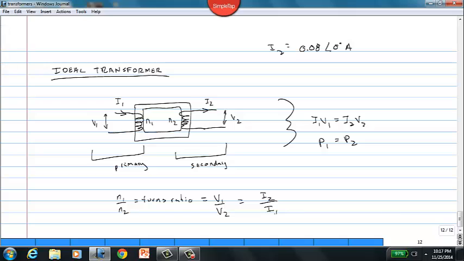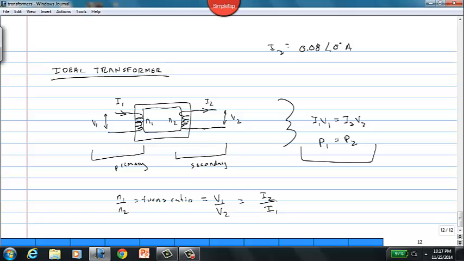So the voltage ratio in a transformer is equal to the turns ratio of the two coils, and the current ratio is equal to the reciprocal of the turns ratio. So the volt-amp product and the power on both sides are therefore equivalent, indicating that condition is true.